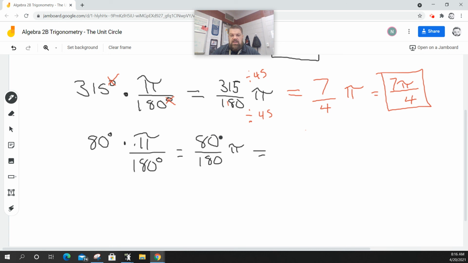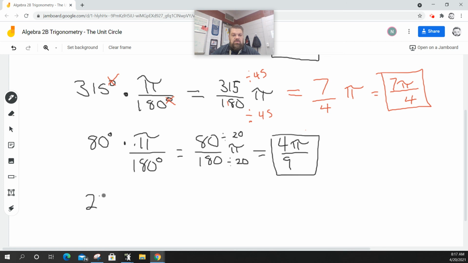So I divide this by 20 and divide this by 20, I get 4 pi, because 80 divided by 20 is 4. 180 divided by 20 is 9. So I get 4 pi over 9.